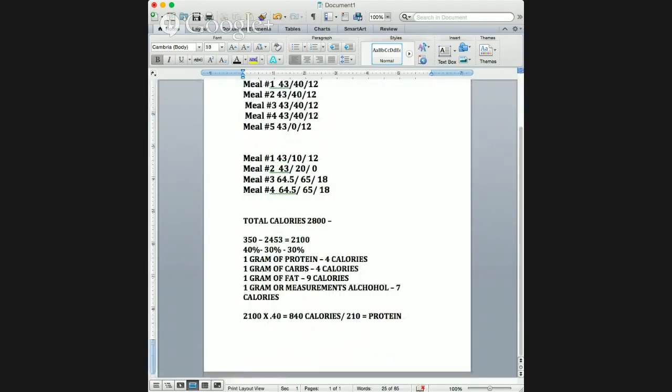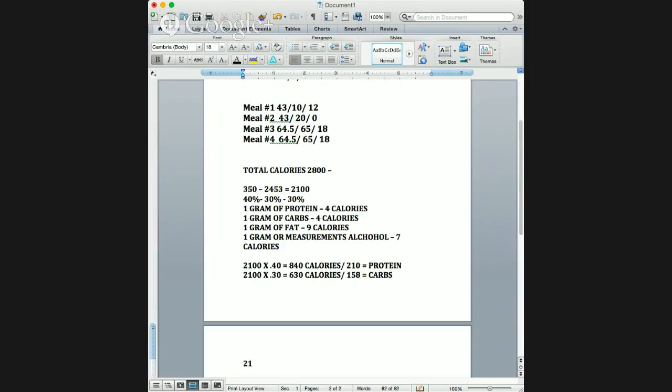And then we do the same thing for our carbs. So 0.30. We've got 630 there. Divide that by 4. We've got 150, we'll just round up a little bit, 158 carbs.